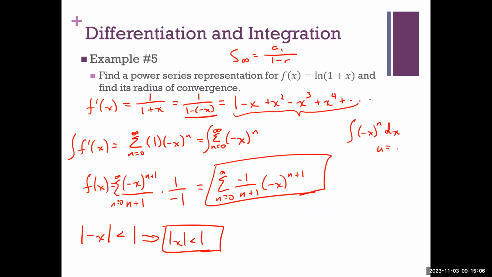I would say that u is equal to negative x, which means that du would be equal to negative dx. So if I set it up that way, then my integral becomes what? It becomes the integral of u to the n times negative du, right?